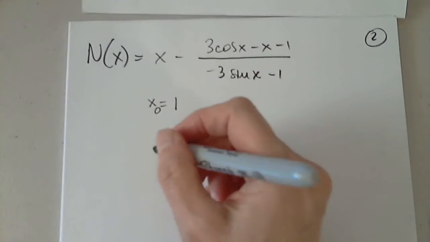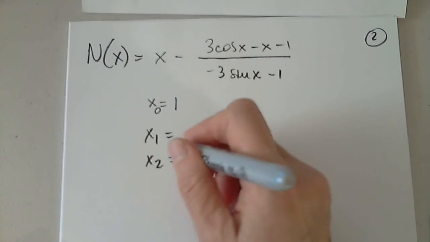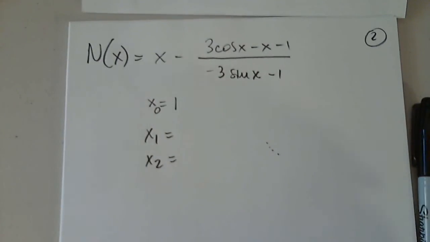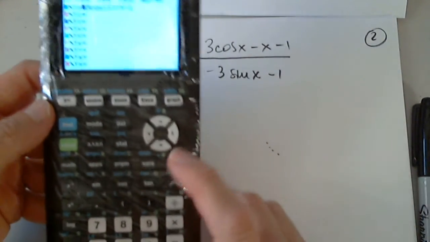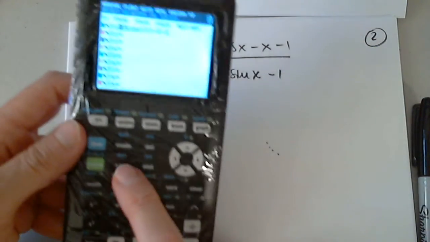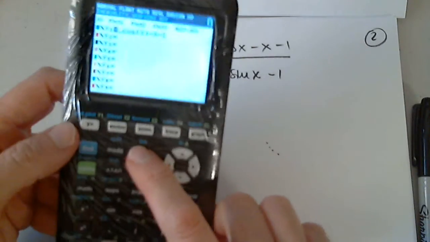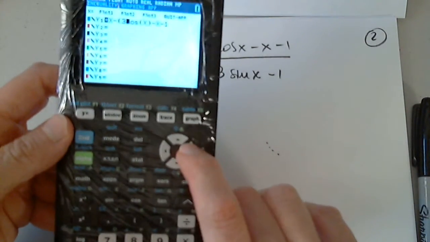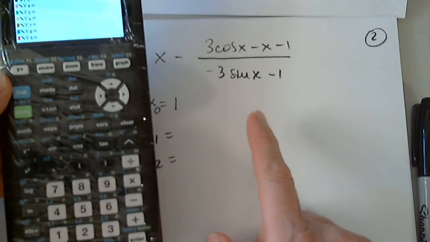So when I start at that, then I'll find x1 and then I'll find x2. I'm just going to write x1 depending on how many decimal digits they want. So I go back to y equals. I insert x, subtract, put parentheses around the function that I already had, and divide by the derivative.